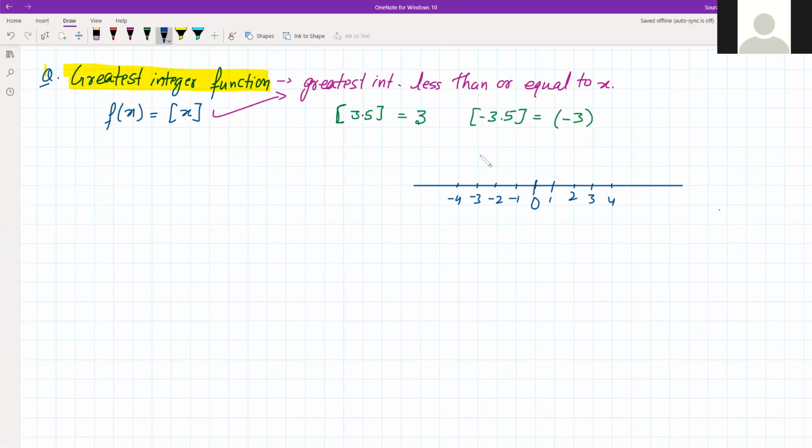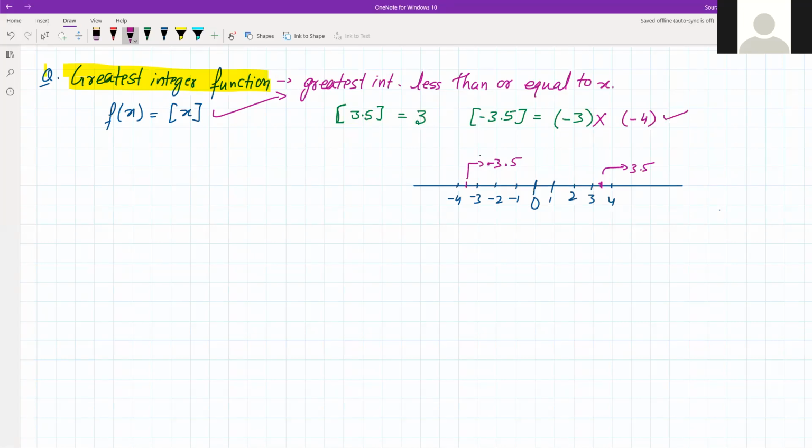So when I said 3.5, 3.5 is actually here. And when I said -3.5, where will -3.5 be? It will be here between -3 and -4. So this is our -3.5. Now tell me the greatest integer function of -3.5. It is -4, right? So it's not -3, it is -4.